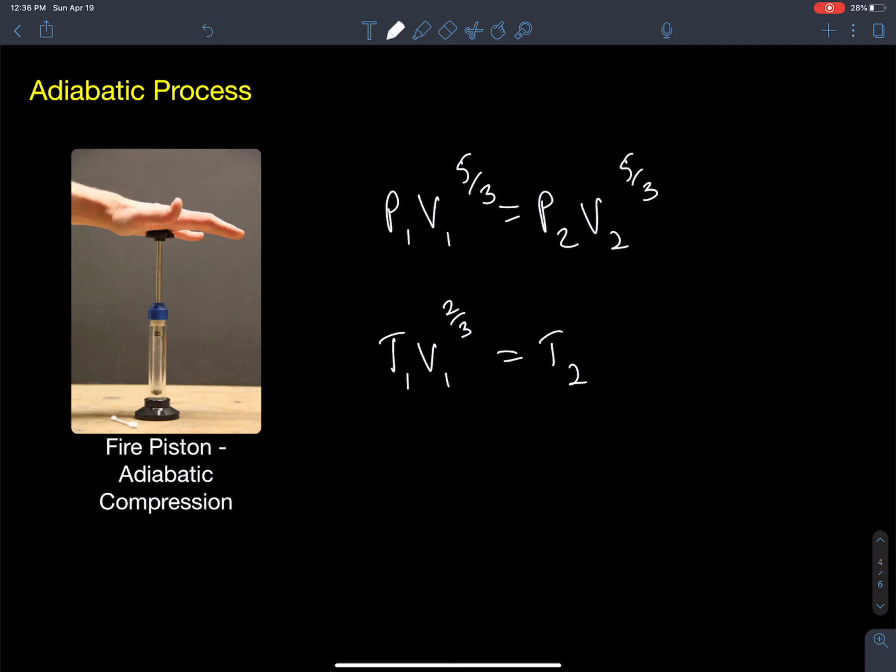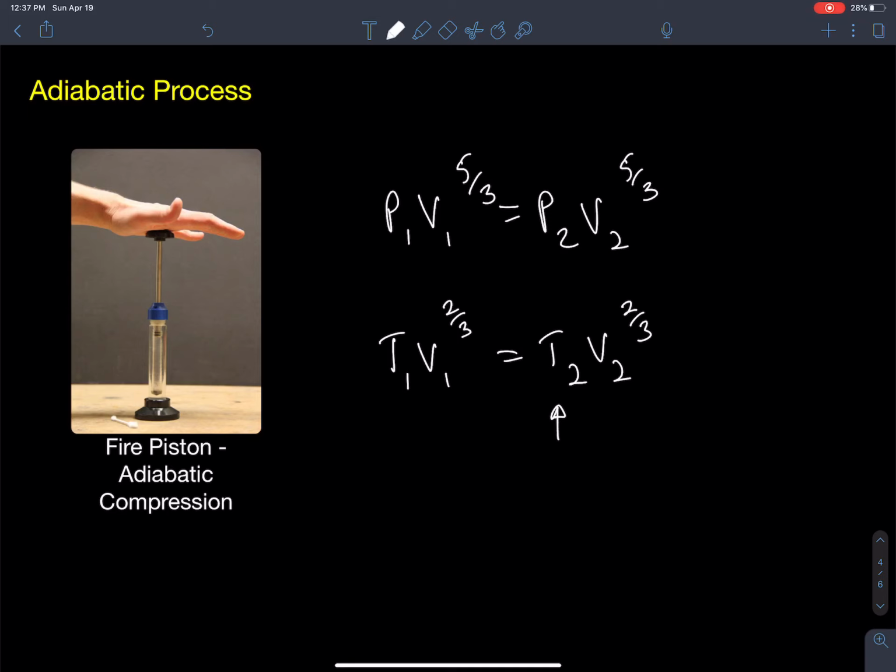But just knowing that these formulas exist kind of reinforces why a piece of cotton will ignite in there, okay? So if I start my gas at an initial temperature inside of that tube and an initial volume, and I decrease the volume to 1/3, you can see that the temperature is going to compensate by going up, okay?